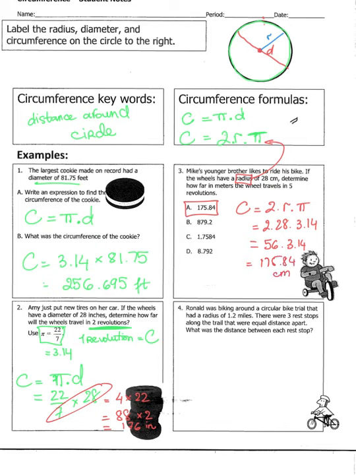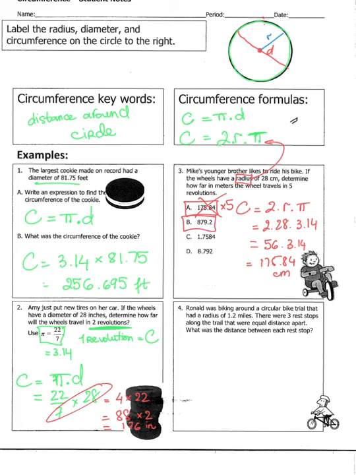Oh, I think I didn't do it correctly because I forgot to multiply by 5. So A is not the correct answer, because I need to look for 5 revolutions. So B should be the correct answer after I multiply it by 5.